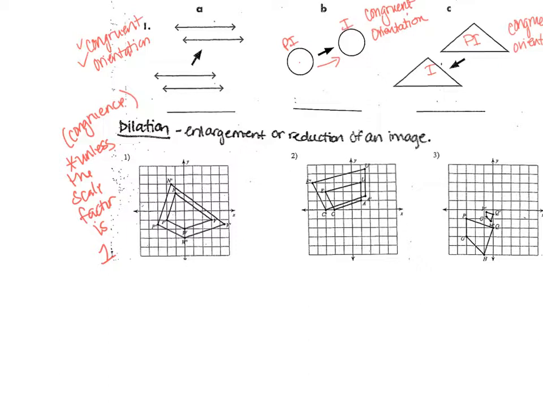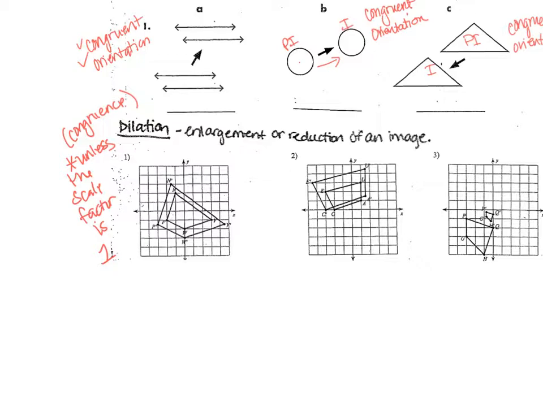So if your scale factor is bigger than 1, then it's going to get larger. It's an enlargement. If your scale factor is smaller than 1, then it's a reduction. That means your shape is getting smaller. But if your scale factor is 1, then it's going to stay the same, because anything you multiply by 1, what happens to it? Nothing. 2 times 1 is 2, 3 times 1 is 3.